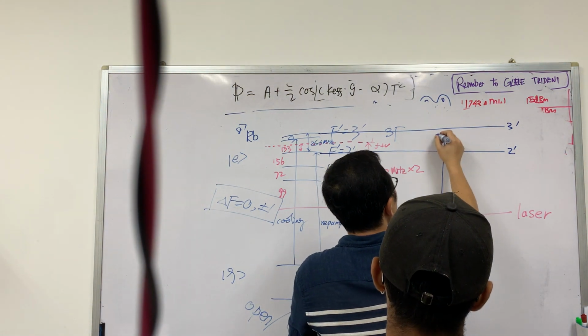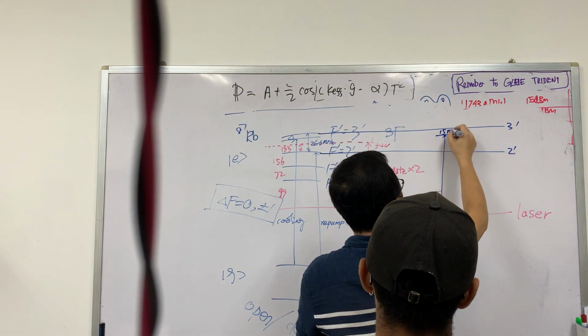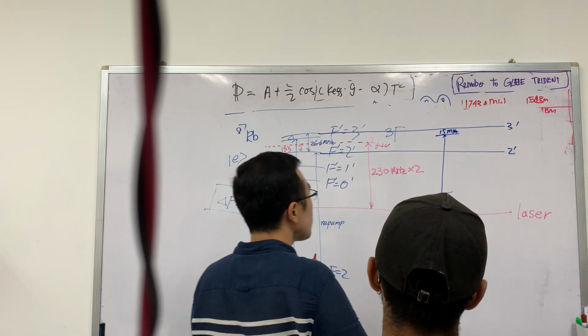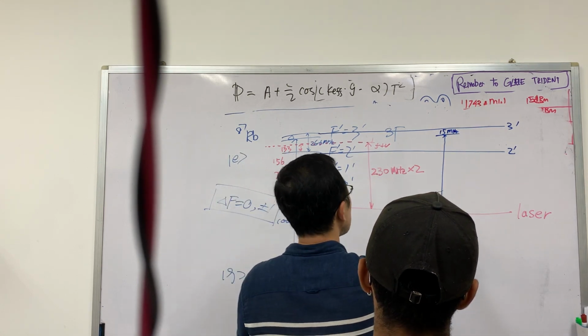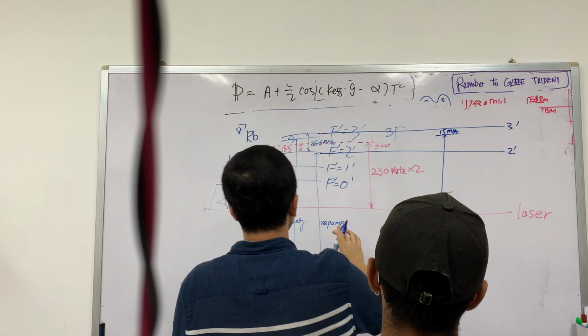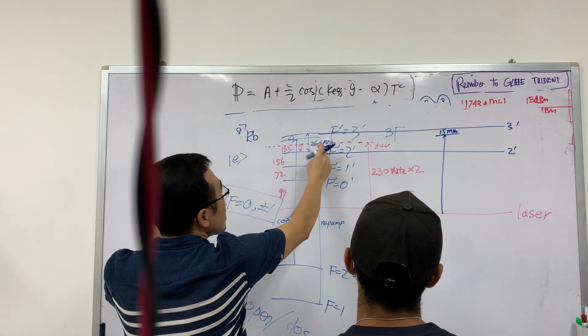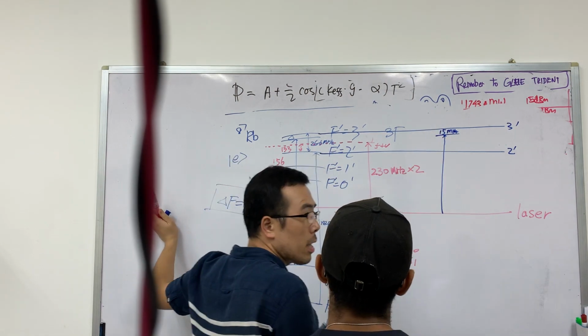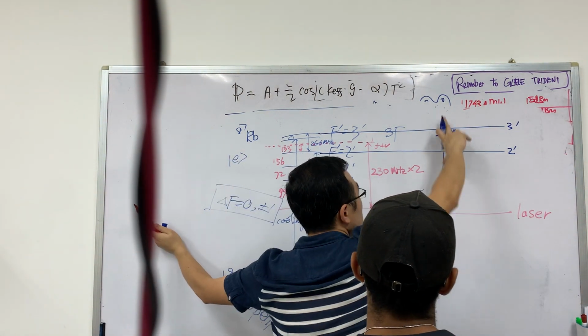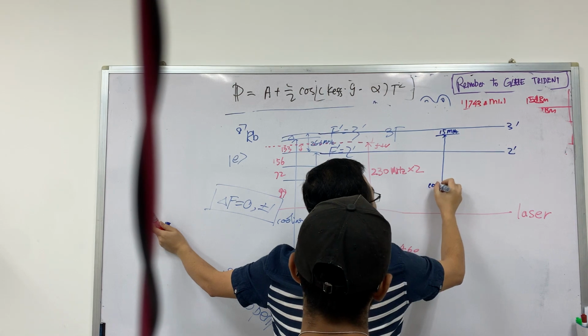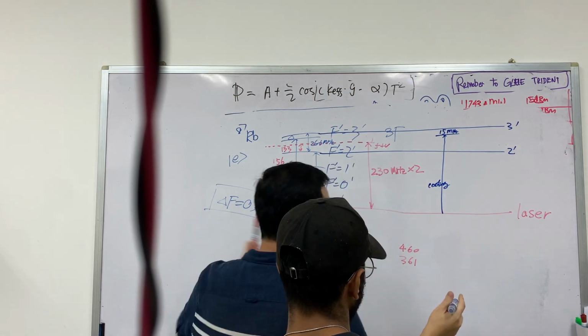Here, this is 15 megahertz. Okay. How much do we need to shift it up? We can calculate. 99 plus this plus this plus 266 minus 15. That is the amount you need to shift up to have cooling. Or into double pass.